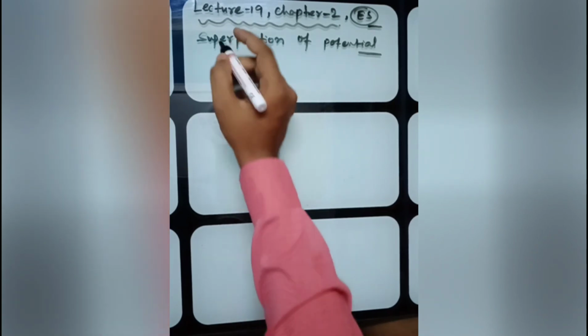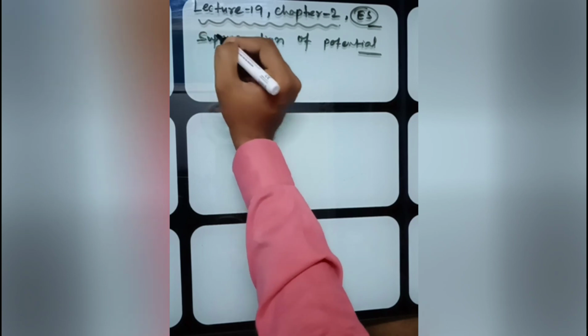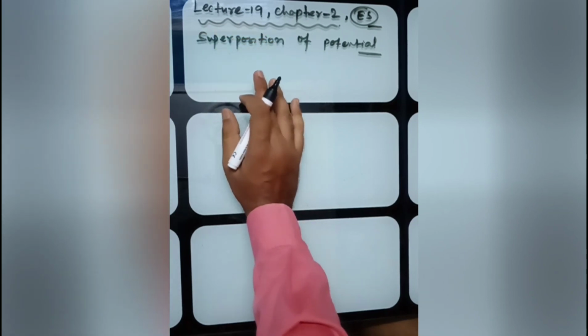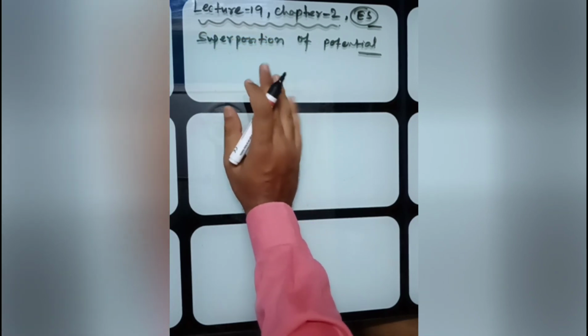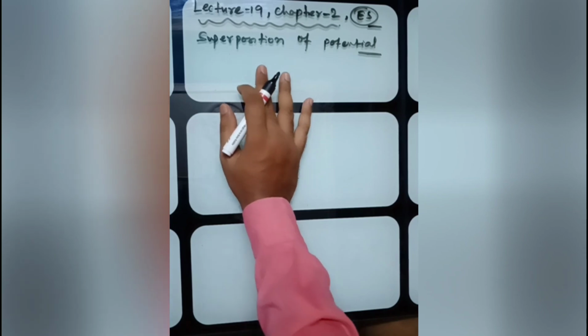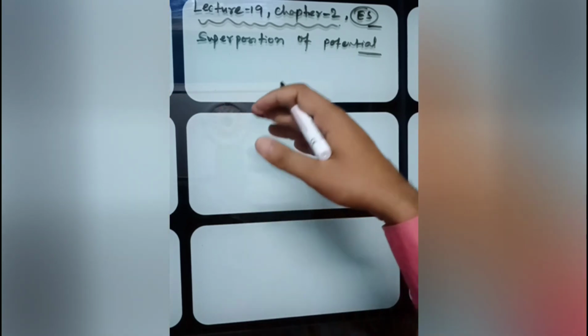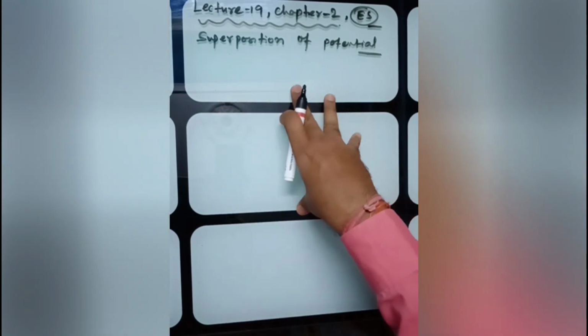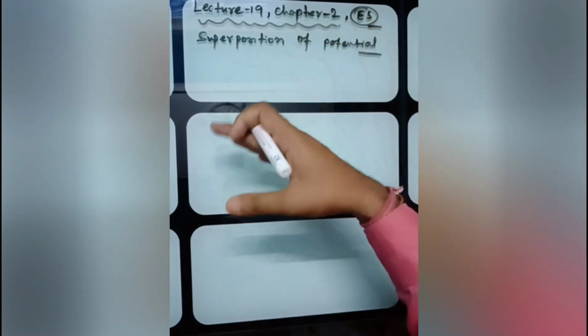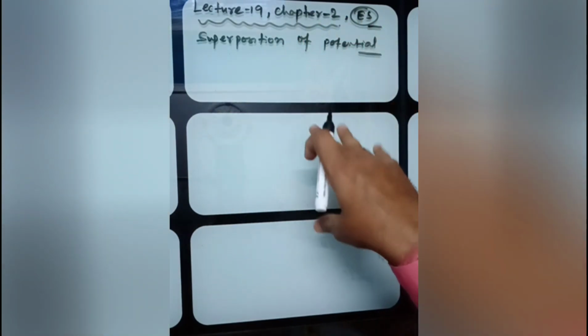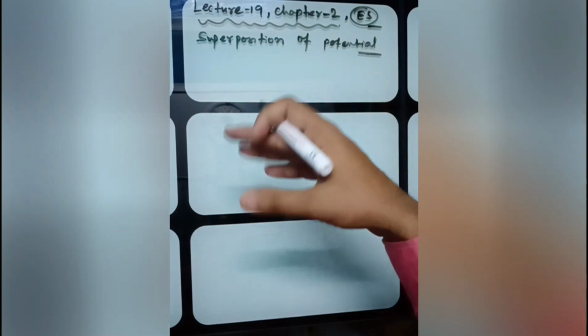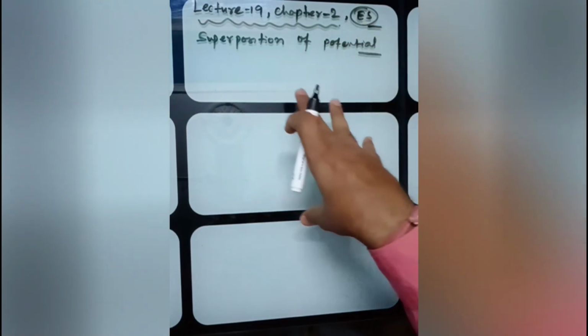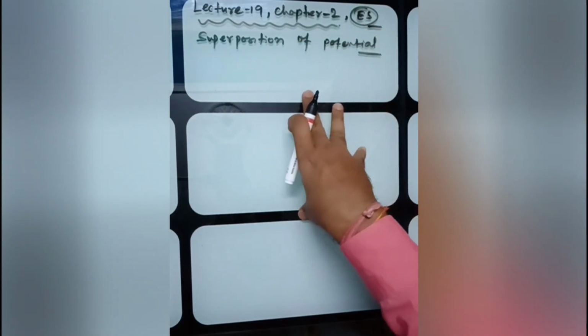The simple thing here is that electrostatic force and field are vector quantities, and it was a little lengthy to break them into components. But here, in potential and potential energy, it is very simple.